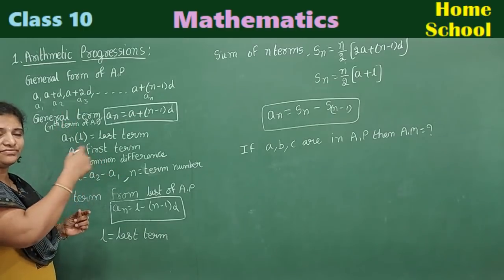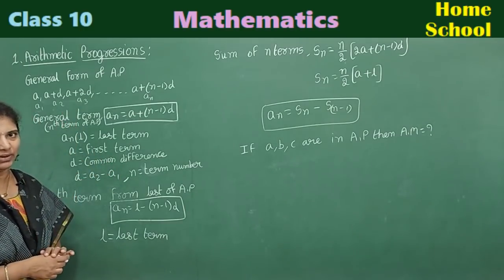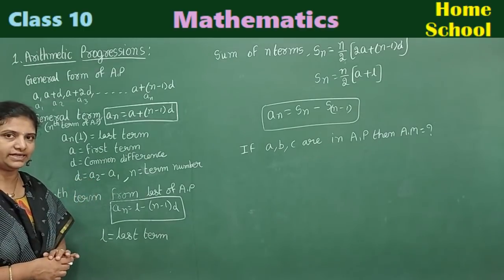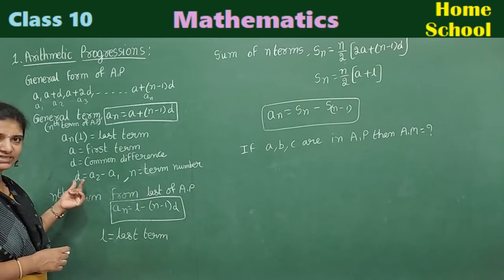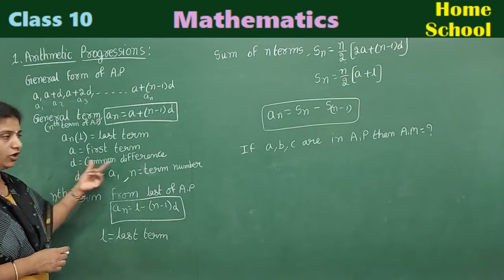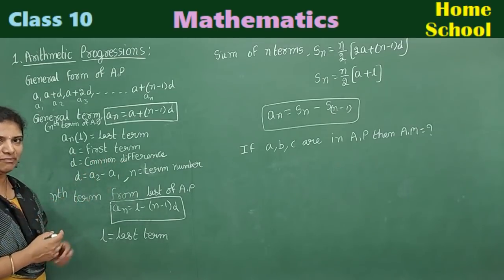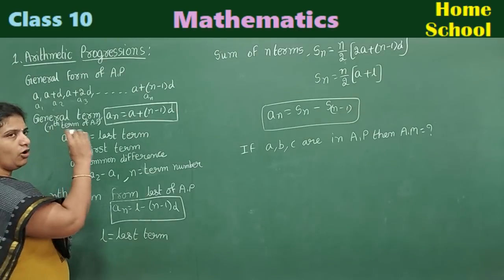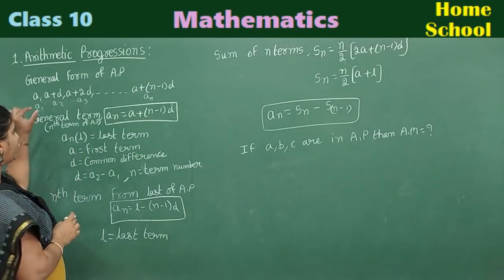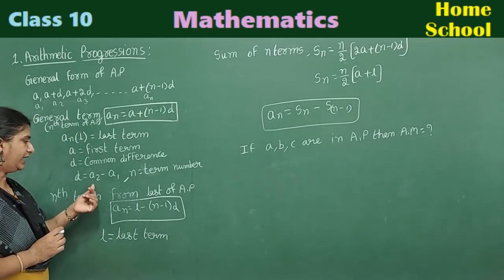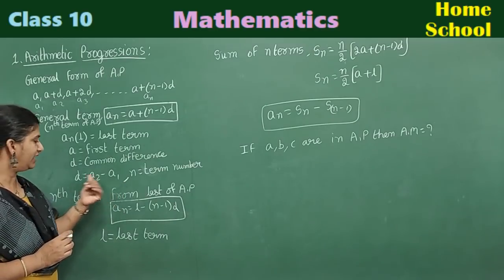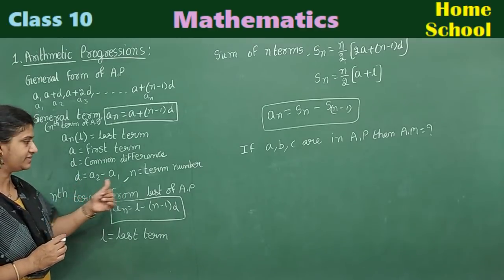Every pair's difference is equal, or it is constant. Then that is represented by the small letter d, common difference. If the given progression is in AP, then there is no need of finding all the pairs. You can take only the first pair. A2 minus A1 will give you the common difference.